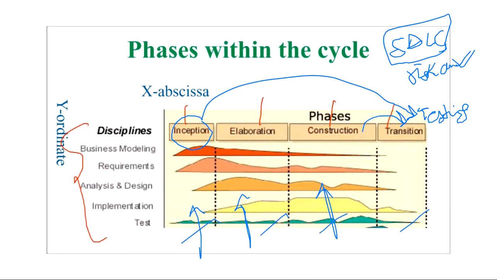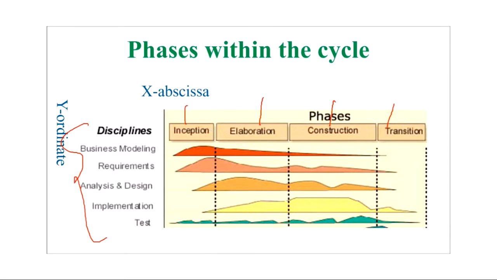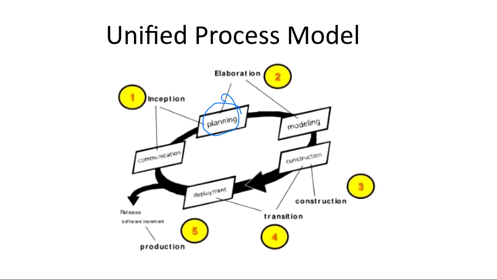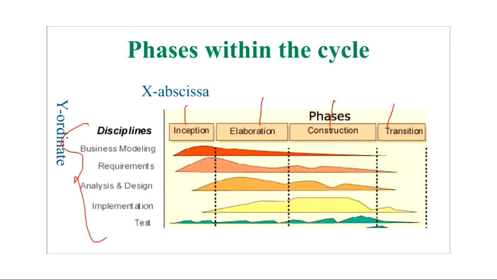right? Next is your elaboration phase, where the design part and analysis part is done. Just remember this, the planning and modeling. It means the project manager asks his team to meet in the meeting room, and the design part is also getting set up. For example, suppose a UML diagram is also created in this step.